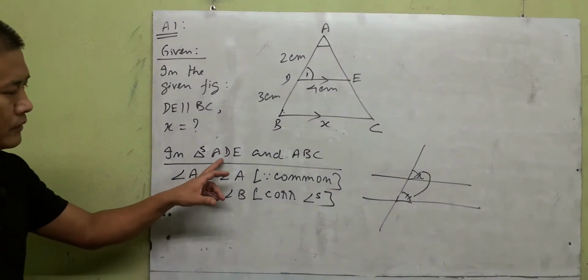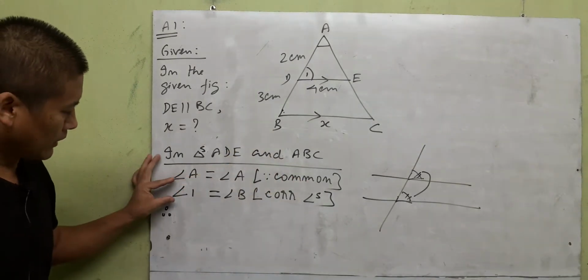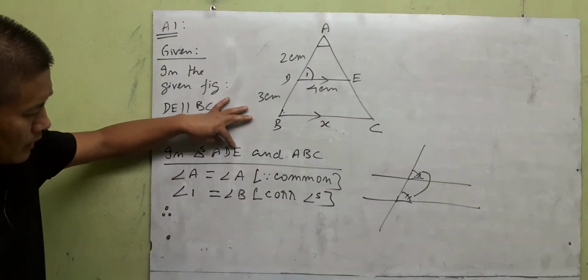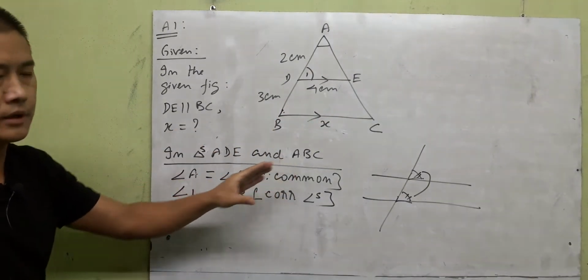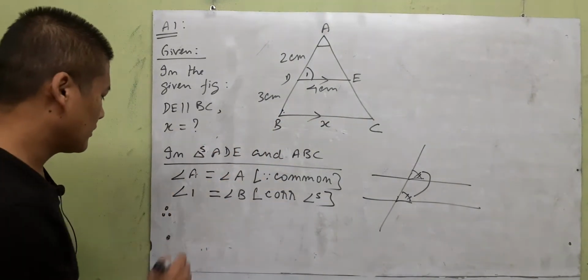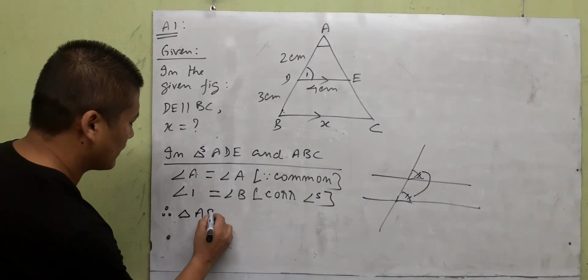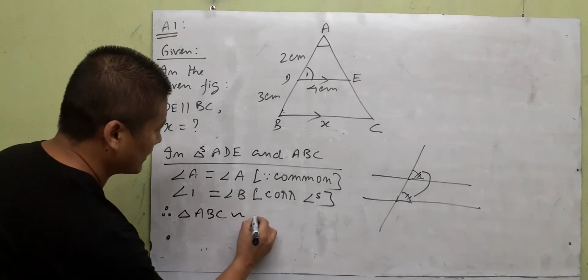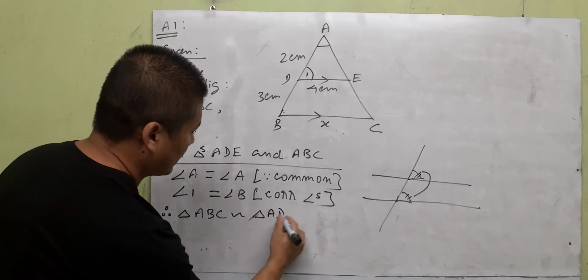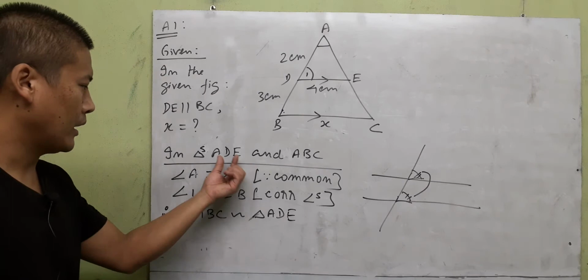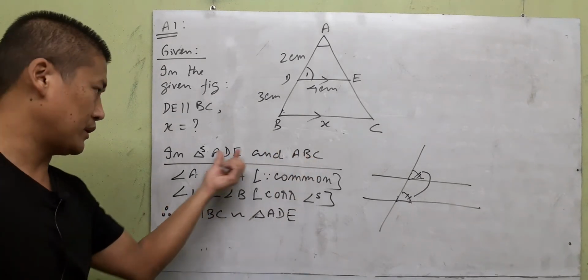If in two triangles, two angles of the first triangle are equal to two angles of the second triangle, the two triangles are surely similar. So we write it in the form triangle ABC similar to triangle ADE, or you can also write ADE similar to ABC, up to you.